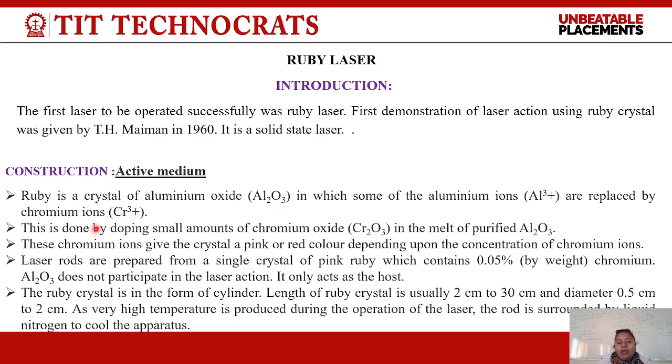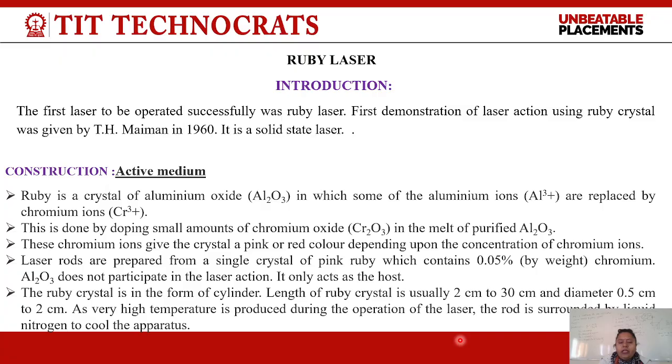Now after that we can make a crystal. We take this crystal and cut it in the form of a cylinder, usually 2 centimeters to 30 centimeters in length, and the cross-section diameter sometimes 0.5 centimeter to 0.25.